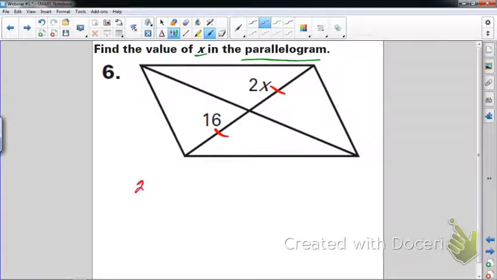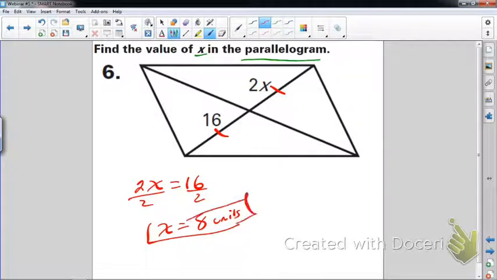So we end up with 2x is equal to 16. I get to divide both sides by 2, and I see that x turns out to be 8. And it's 8 units. Okay, it's 8 units. Which is good for us.